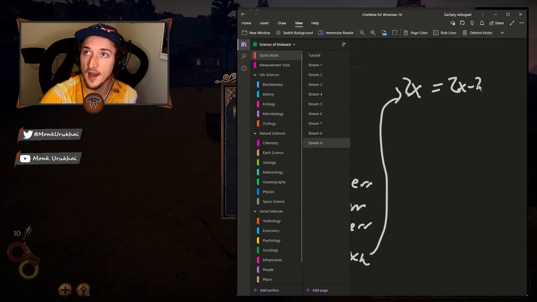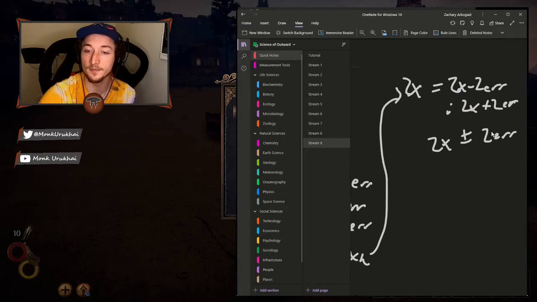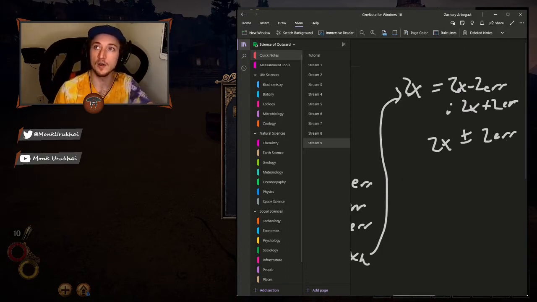So it's 2 times x minus 2 times the error, through 2 times x plus 2 times the error. So if we're trying to get our plus minus bounds, we get 2 times x, plus or minus 2 times the error. That basically brings up error bounds, why this matters, and how you calculate simple error bounds.